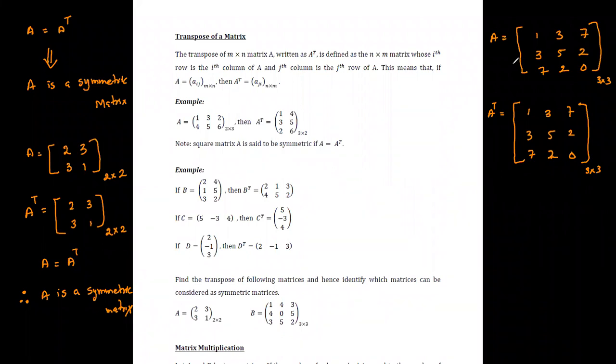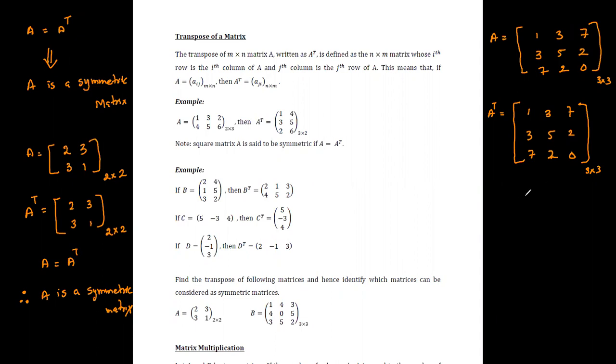Now if you consider the matrix A and the transpose of this matrix, first you can see that an equal number of rows and an equal number of columns are there. Now if you check the corresponding elements, you can see that all 9 corresponding elements of these two matrices are equal.